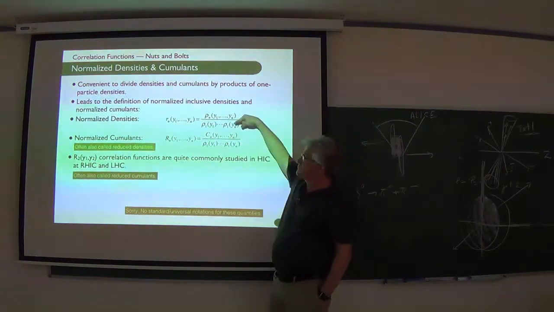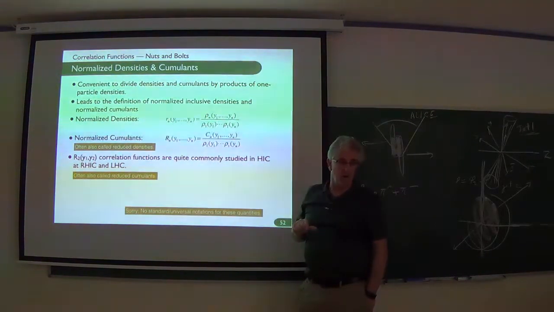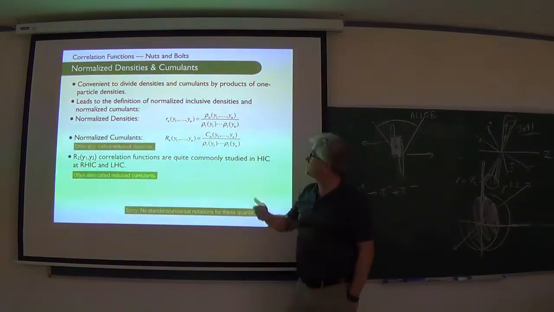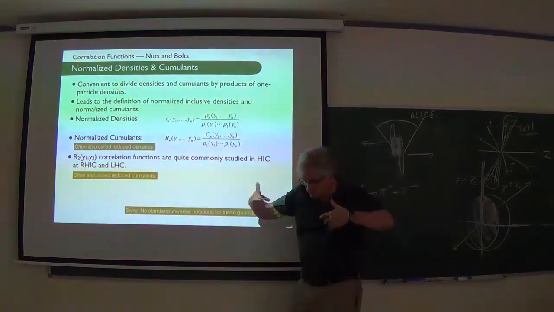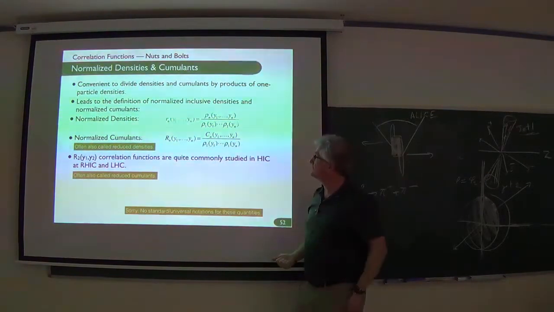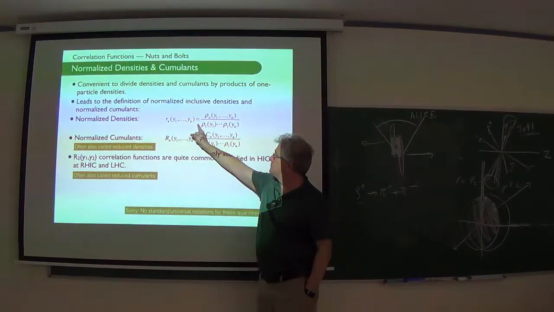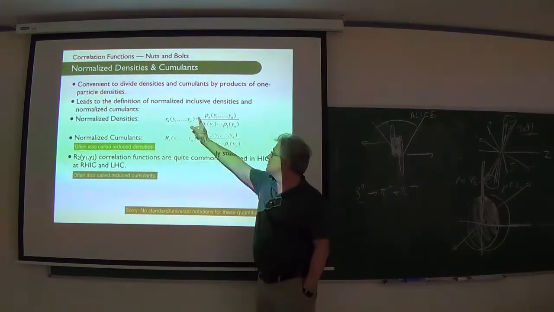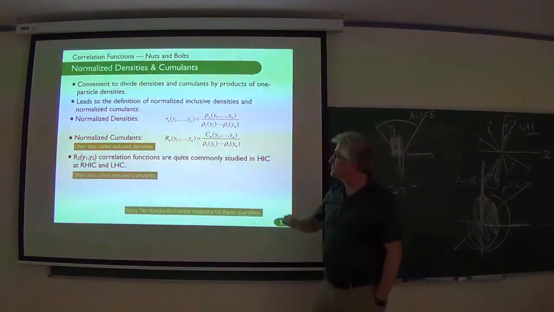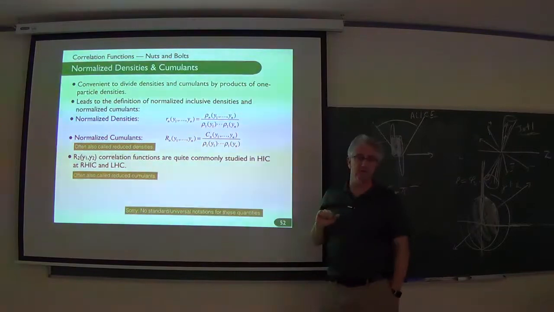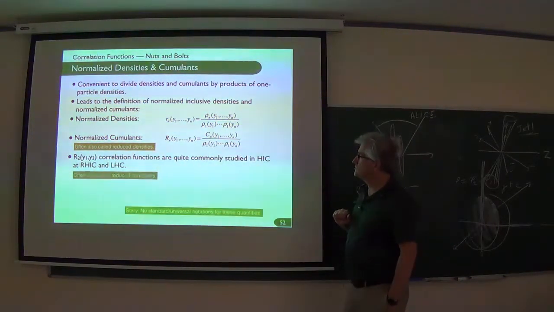The advantage of doing this sort of normalization is that if there are efficiency losses in the measurement, that is, if I'm losing pairs because of the detection process, the efficiency will cancel. The efficiency will play out equally in the numerator and the denominator, and so this quantity will be essentially robust or independent, if you will, of the detection process.